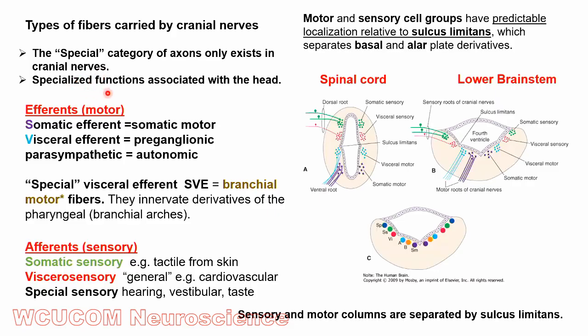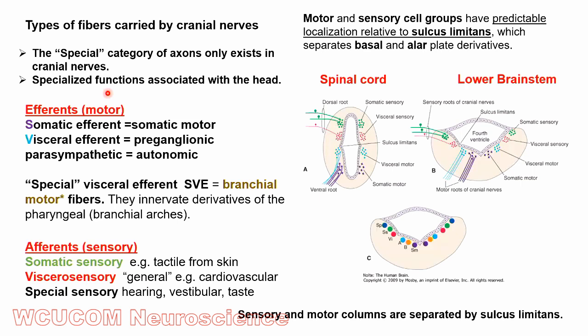And this is for specialized functions associated with the head, because then you might recall the general somatic afferent and efferent, so sensory and motor, and so-called general visceral, aka autonomic, of which we have, of course, sympathetic, parasympathetic.